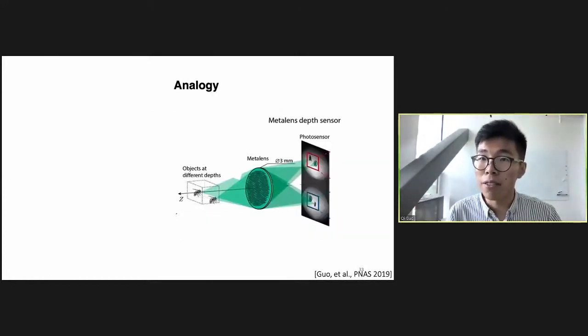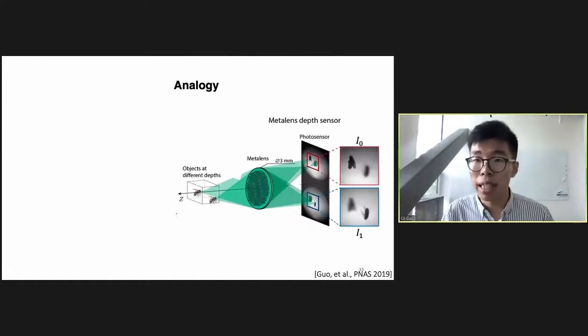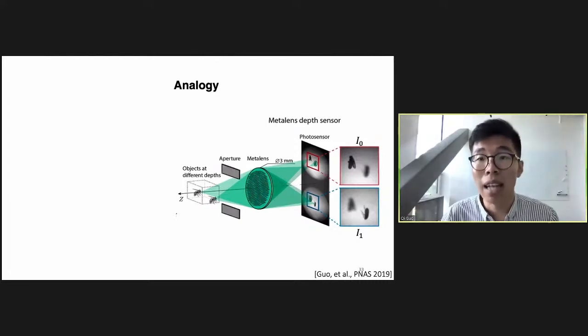Using this metasurface, differently defocused images can be simultaneously created on the photosensor. To avoid overlap between the two images, we add a field stop in front of the lens. In fact, this field stop can be avoided if we design a polarization-selective metasurface so that the two images will be of different polarization, and we can use a polarization sensor to separate them.